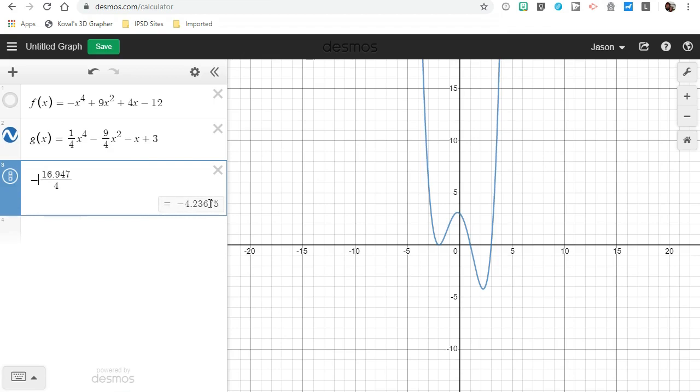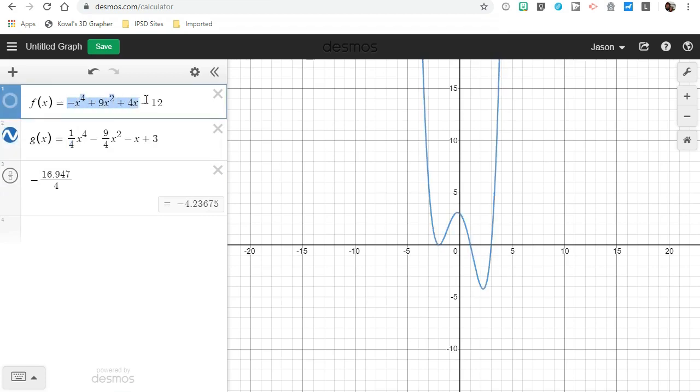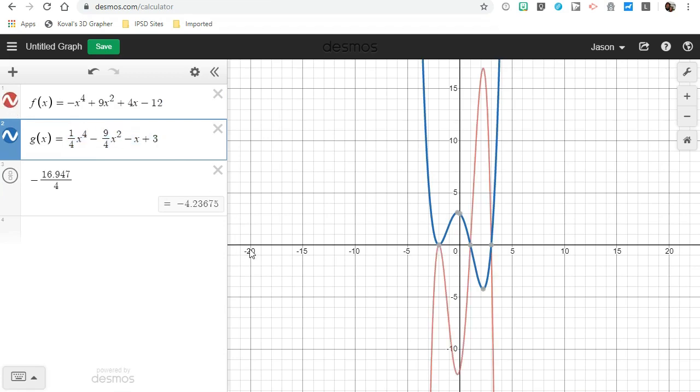Again, we round to 3 decimal places here. Since every single root is the same and the a value is the same, the graphs are actually mirror images of each other to an extent, where the blue graph is exactly the same as the red graph if you multiply the red graph by -1/4.